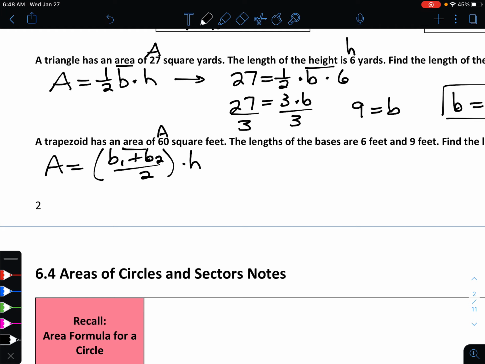The lengths of your 2 bases were 6 feet, so that'll be base 1, and 9 feet, that'll be base 2. Plugging all of that into our equation, area A is 60, which is equal to base 1, which is 6, plus base 2, which is 9, all over 2, multiplied by your height.